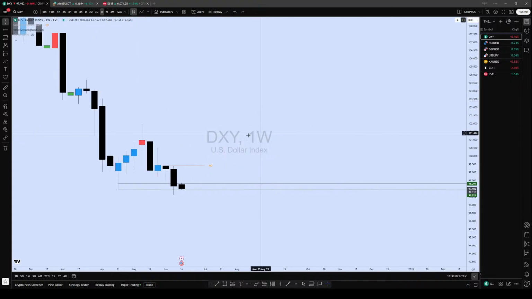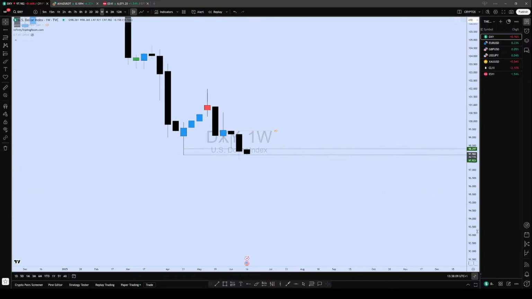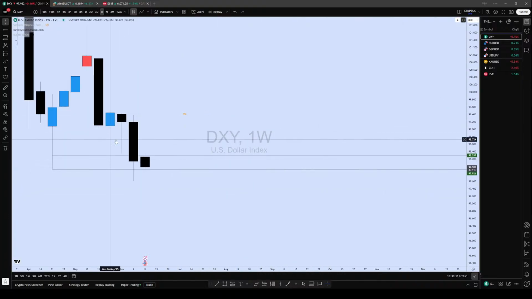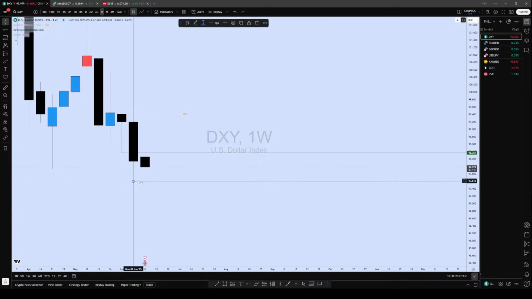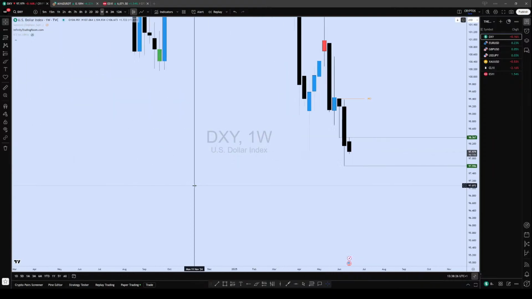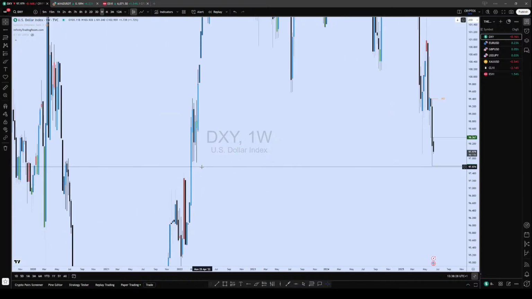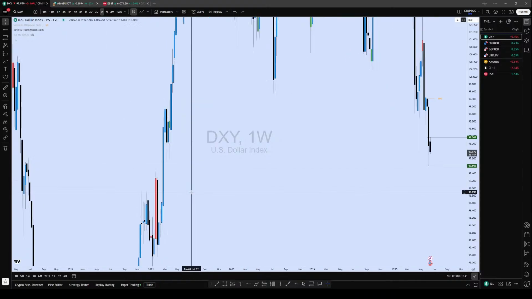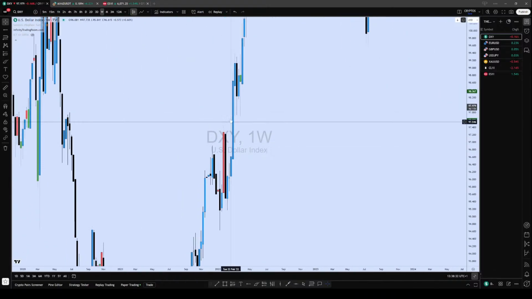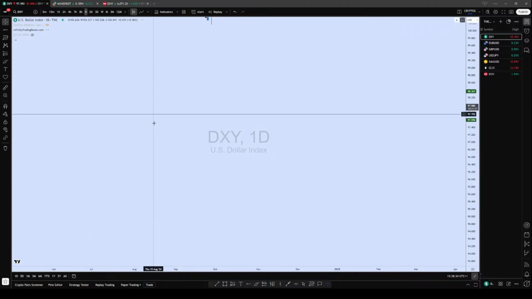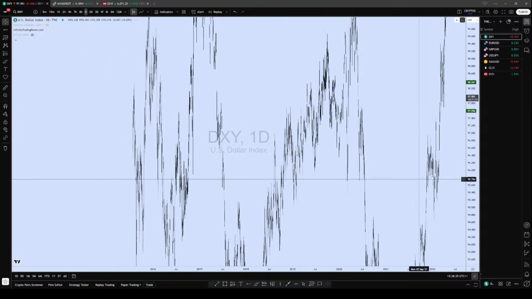Let's start with the dollar index as usual. Last week we had a weekly close below the previous week low. So this week we are expecting this low to be taken, and then maybe let's look inside somewhere in here to see if there's any daily gap that price can reach for.